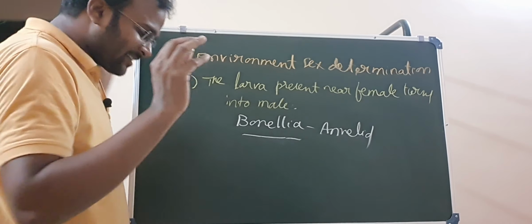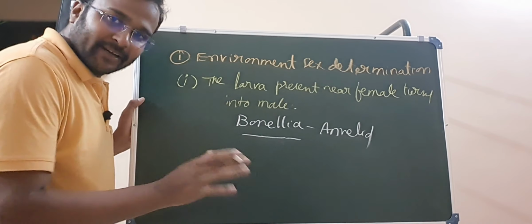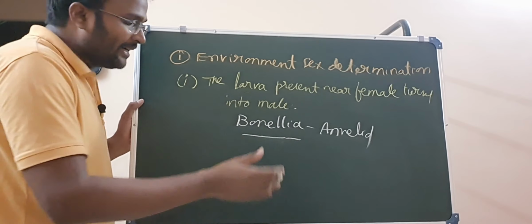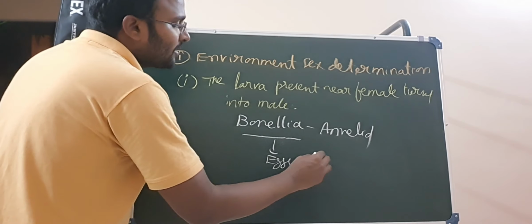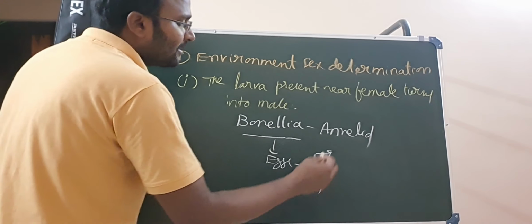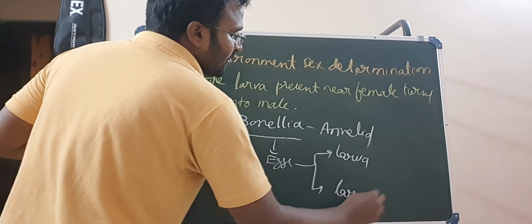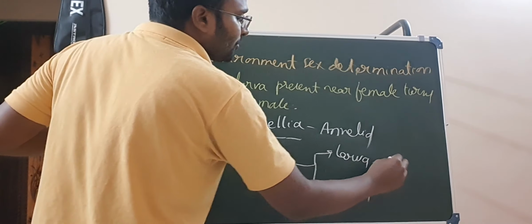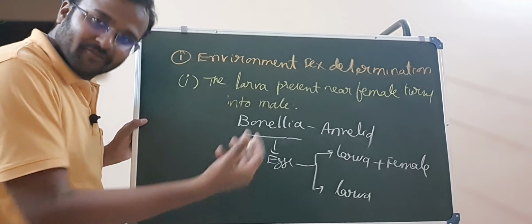Let me explain it in detail. Here Bonellia named annelid is there. It is a marine annelid actually, where it lives inside the marine waters. It lays eggs actually. When it is laying eggs, the eggs turn into larva. The larva which are near to the female will be taken by the female.